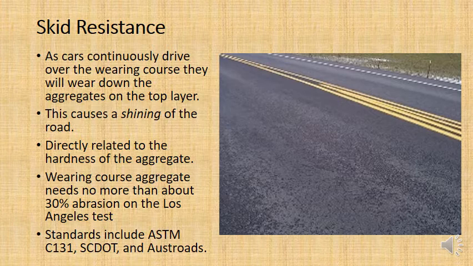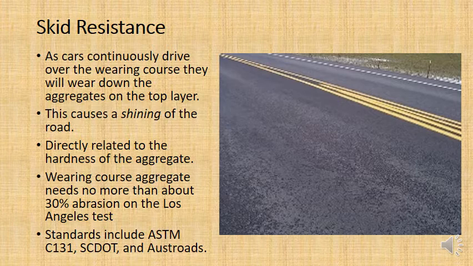This can mean that the road starts to shine over time. Do you know what I mean by shine? I've got a picture there, but I don't think it shows it too well. But basically, if cars are continuously driving over the road, they're polishing the road and making part of the road really smooth and shiny.